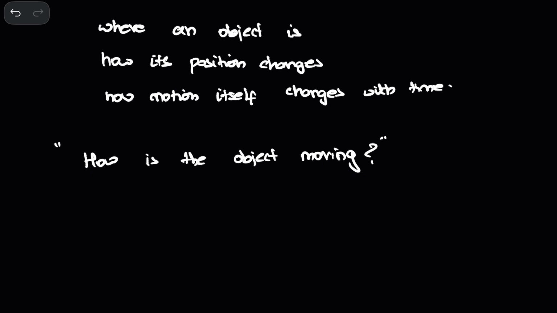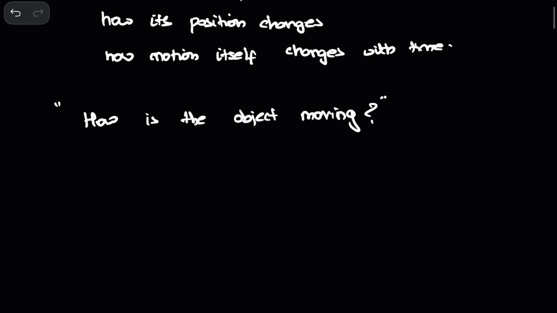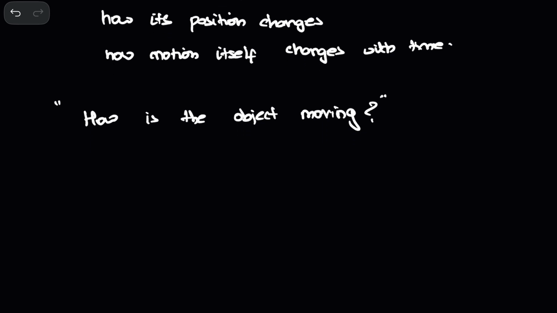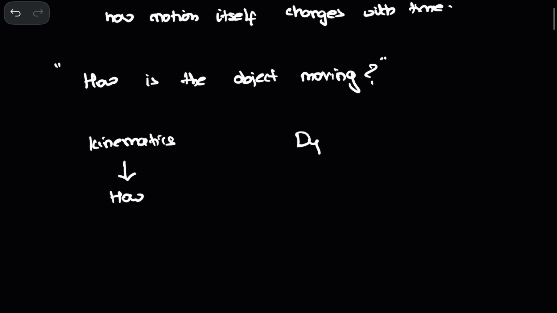We care about what force acts on it, what mass it has, or how gravity changes its motion. So kinematics deals with the how of things, whereas dynamics deals with the why.